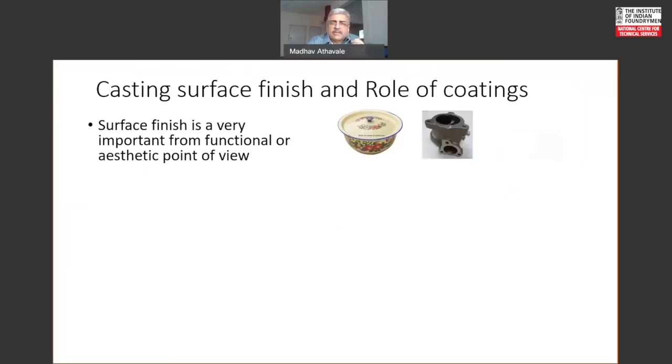The other example that we saw last time was about turbocharger housing, and we saw that as the average surface roughness increases, the efficiency of the turbocharger drops by as much as 4% in this particular case. That is because the Reynolds number is affected by the roughness.